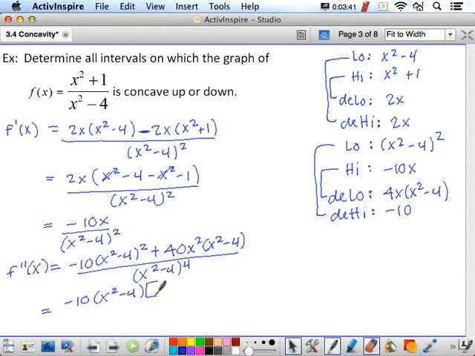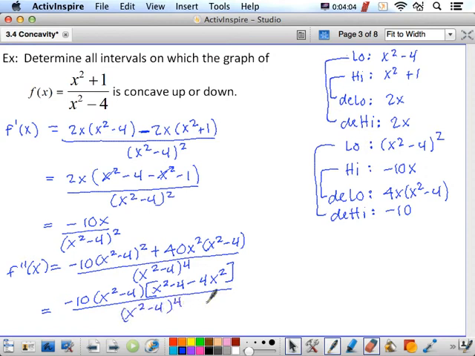That will open up a bracket and give us one of these left. And then we took out a negative 10, so we have a negative 4x squared left. Double check there. All over x squared minus 4 to the 4th power.